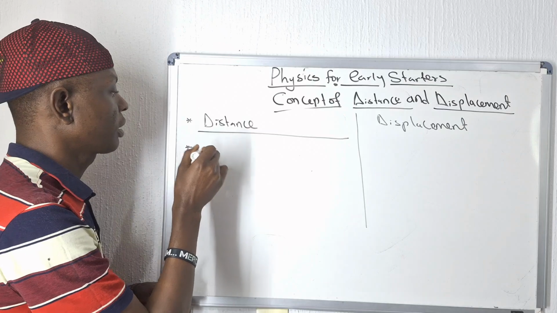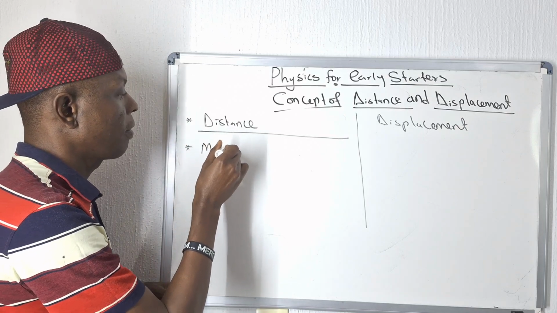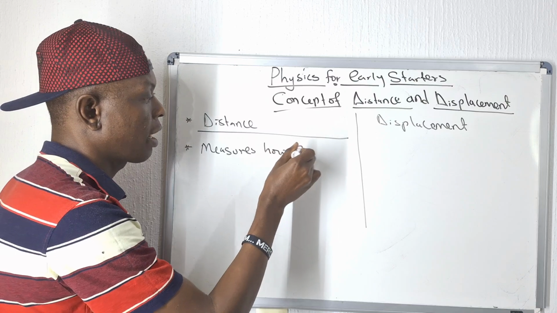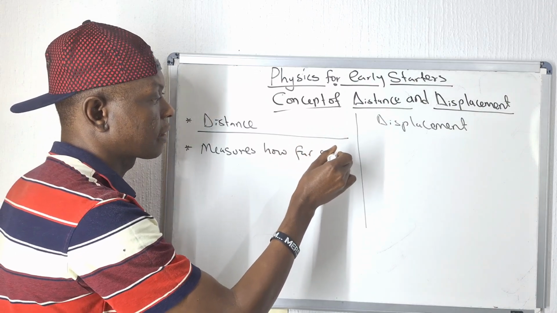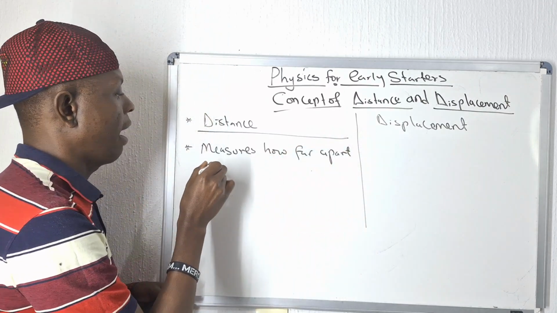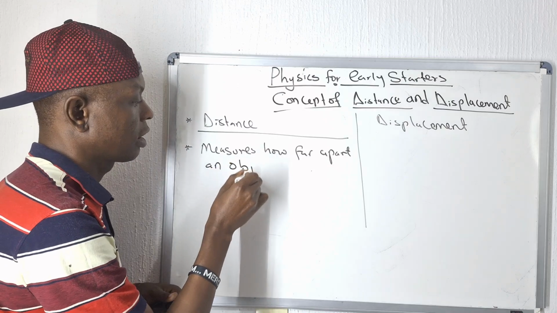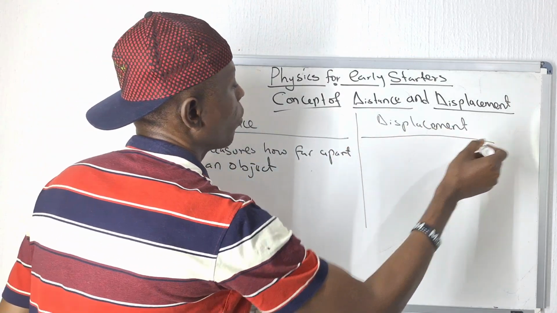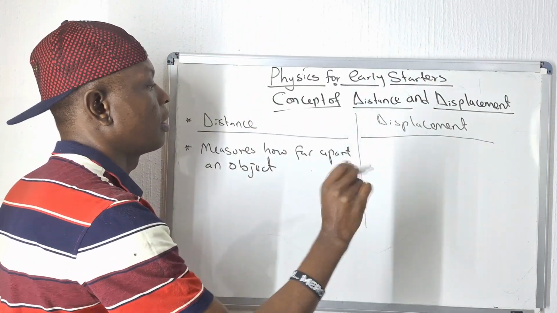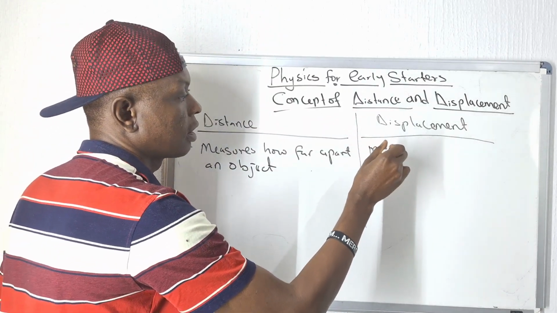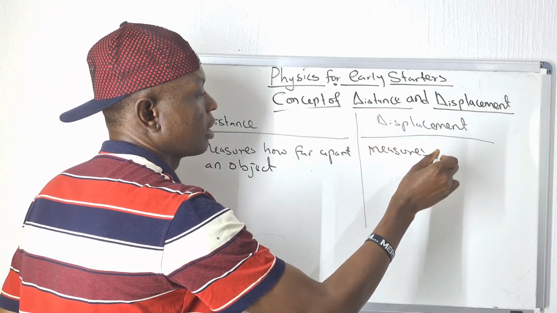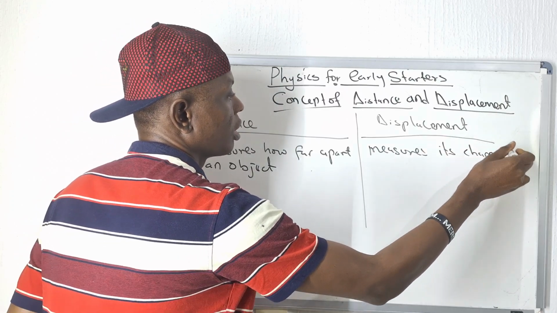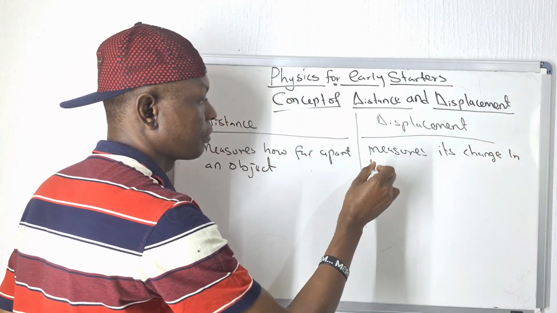Distance measures how far apart an object is, while displacement measures its change in position.